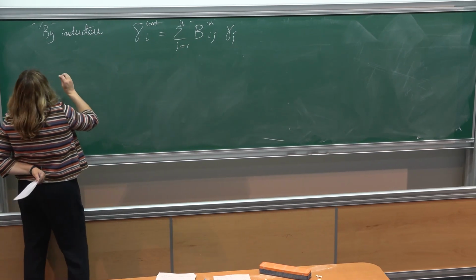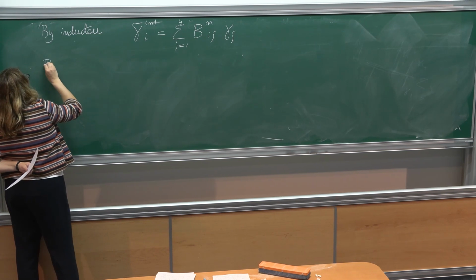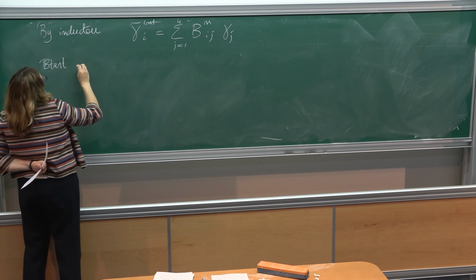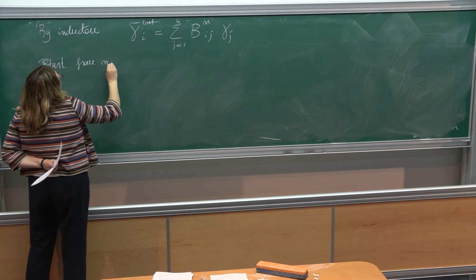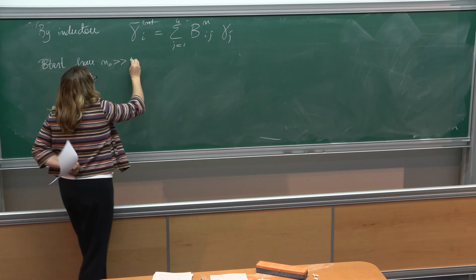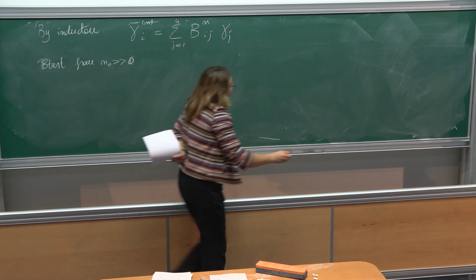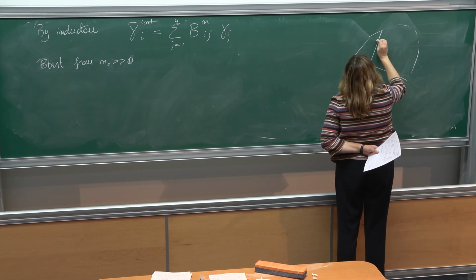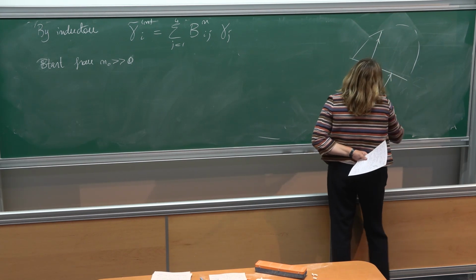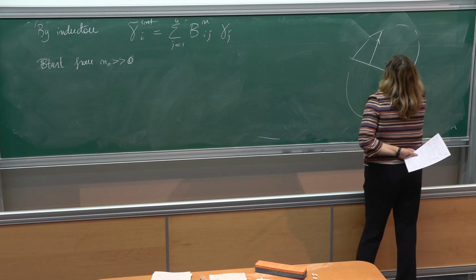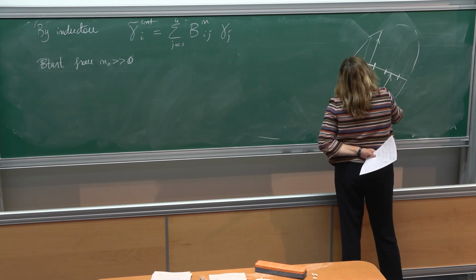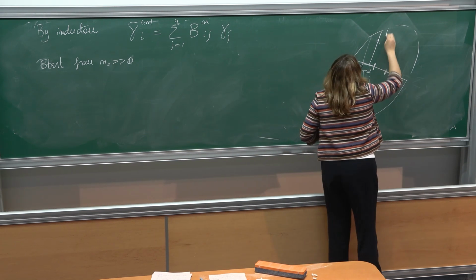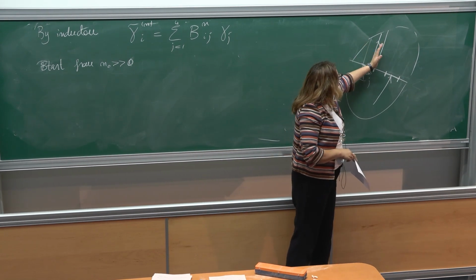And now, if I start, instead of from 0, from some n0 sufficiently large. Too bad that I erased these returns. So I had these special returns and the special trajectory.